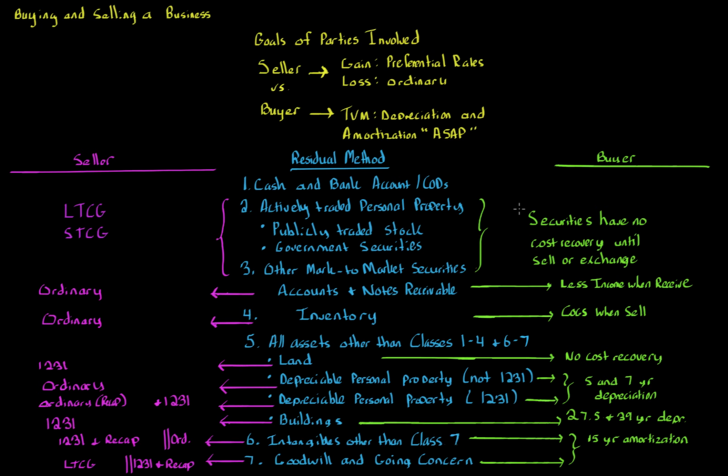The buyer, on the other hand, has a different goal with respect to time value of money. Our good friend, time value of money, becomes a huge issue in tax timing. Simply, the buyer wants to depreciate, amortize, and get cost recovery deductions as early as possible, and as much as possible up front.